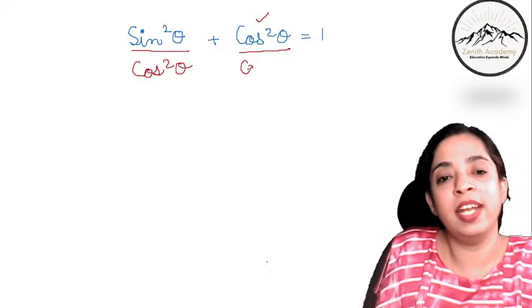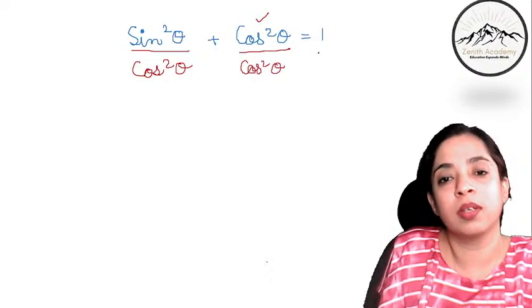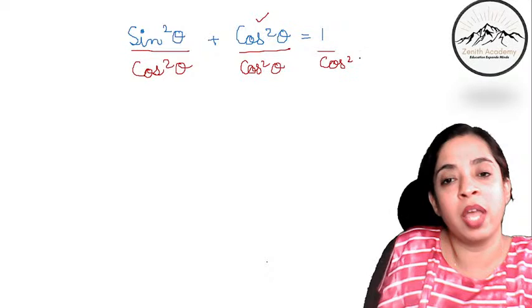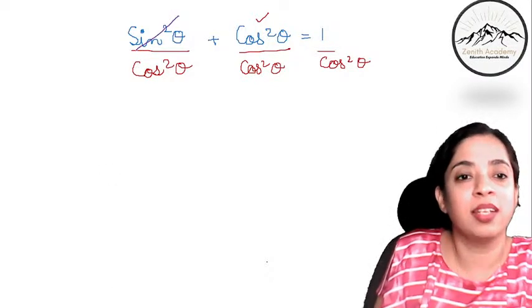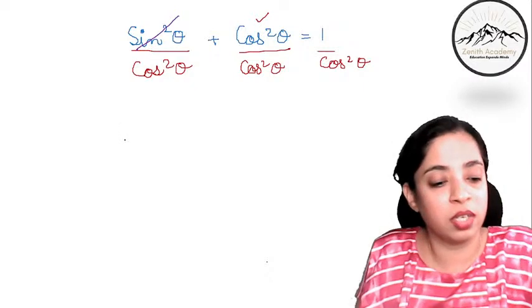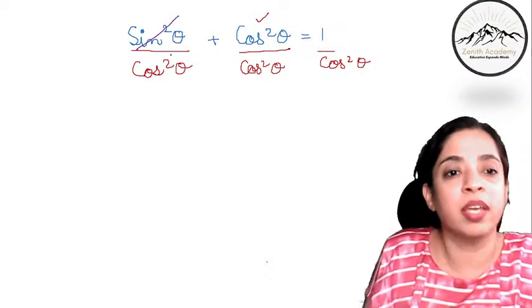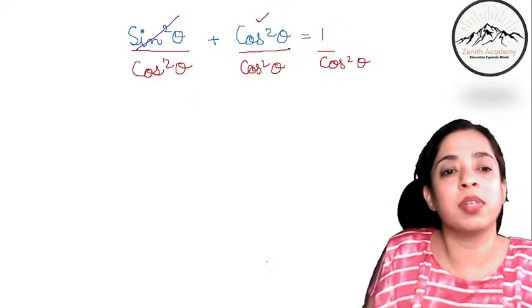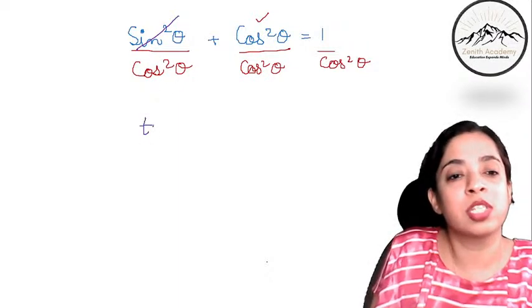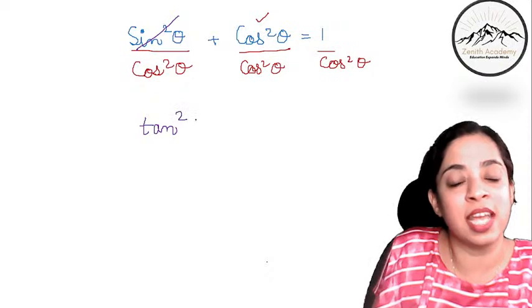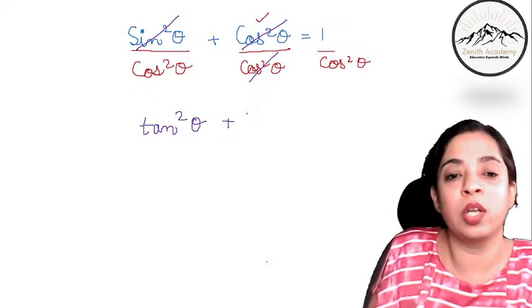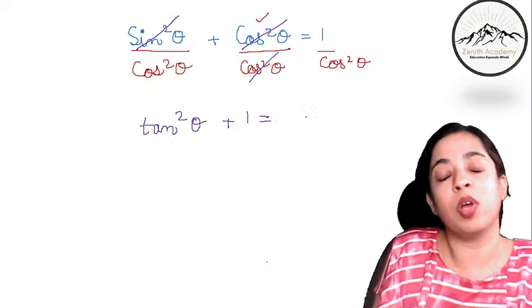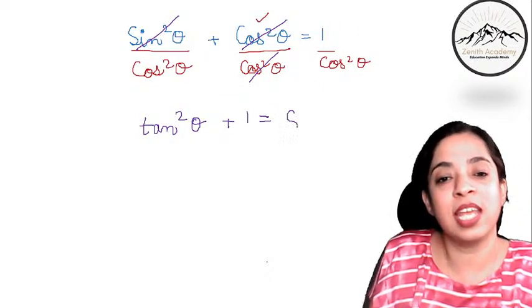So divide each term by cos square theta. What do you see? Sine by cos is tan. So sine square theta by cos square theta is tan square theta. Clear? This and this get cancelled and you get 1. And what is the reciprocal of cos? Sec, right?